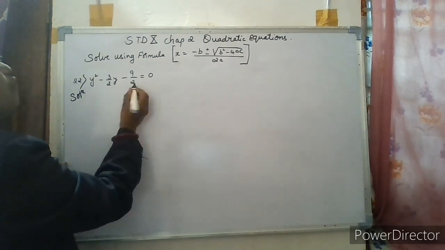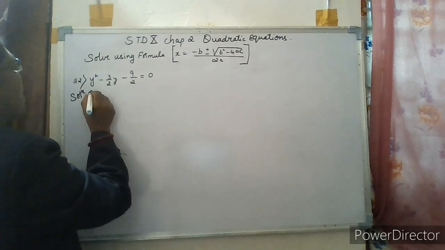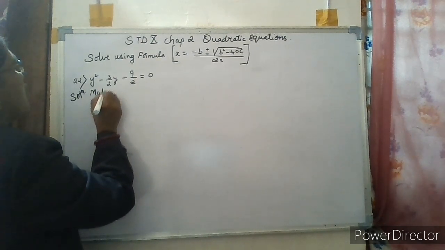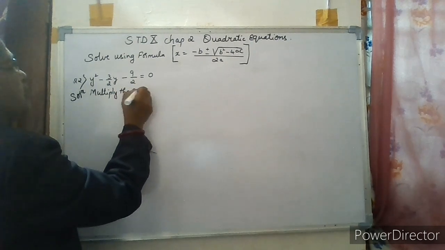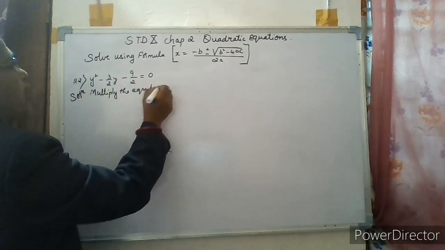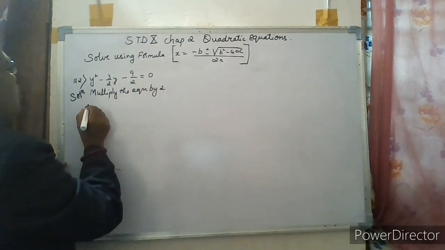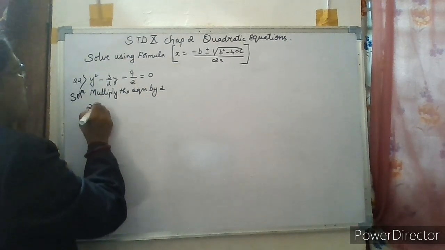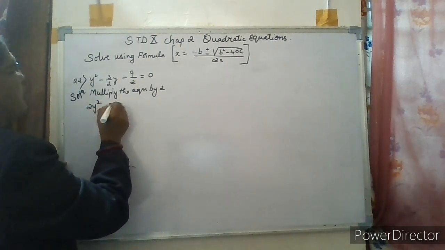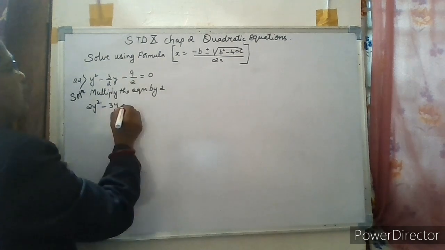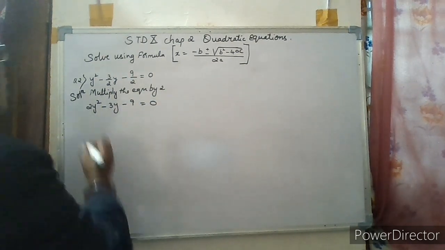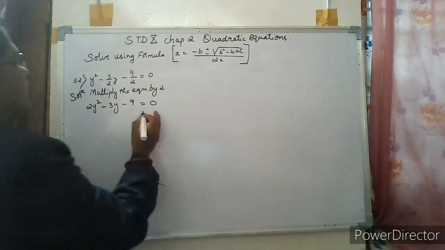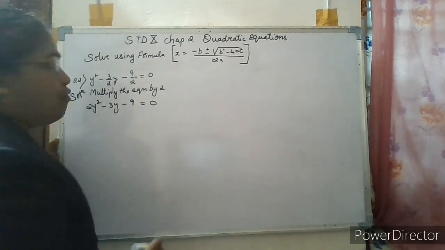So, LCM of 2 and 2 is 2 only, so multiply the equation by 2. So it is 2y squared minus 3y. 2 will go away. Here also minus 9 equal to 0. Now we got the equation in the general form.